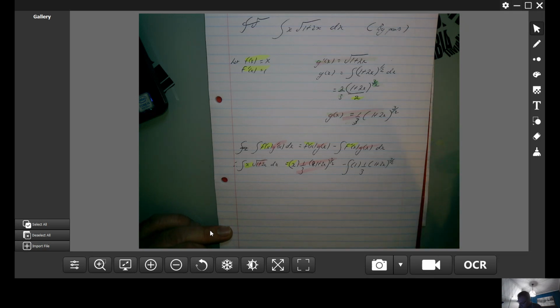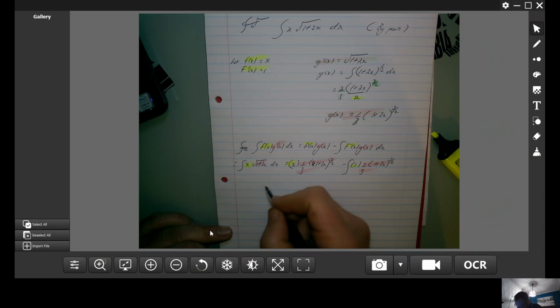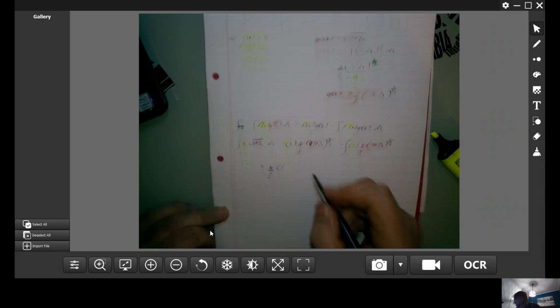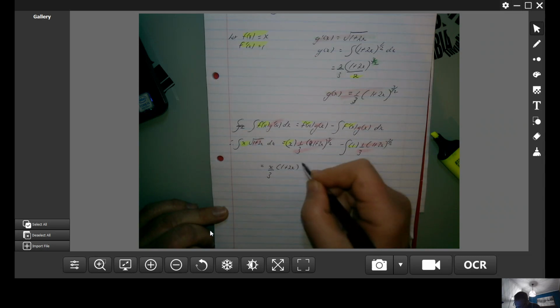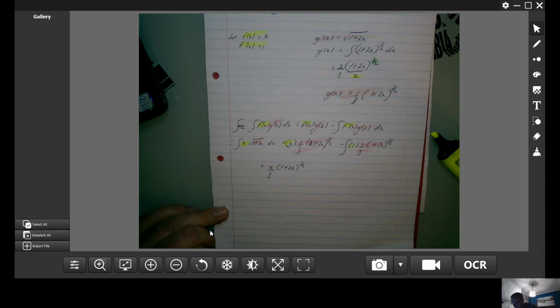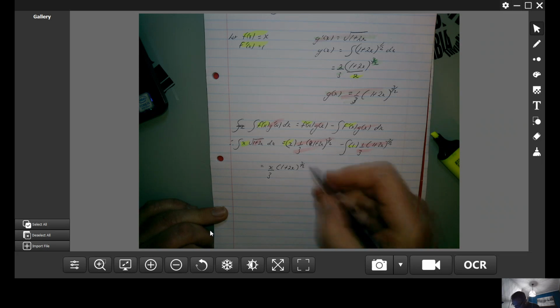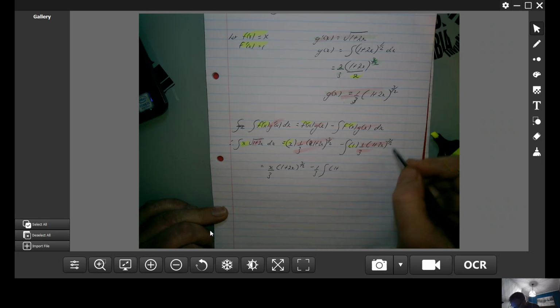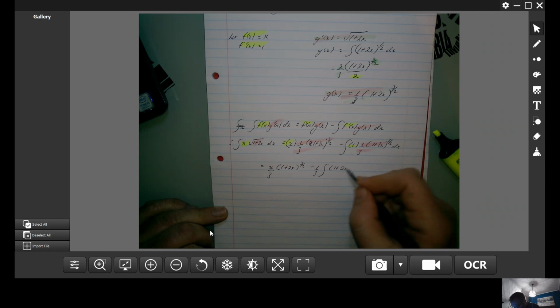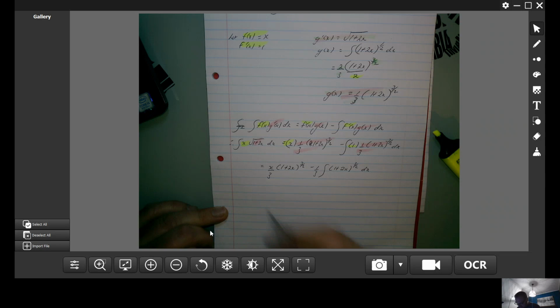So I end up with this whole thing being equal to x over 3, (1 plus 2x) to the 3 over 2, and take out the third, minus a third times the integral of (1 plus 2x) to the 3 over 2 with respect to x.